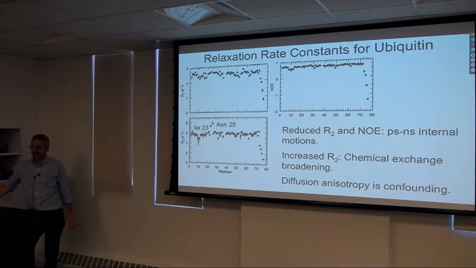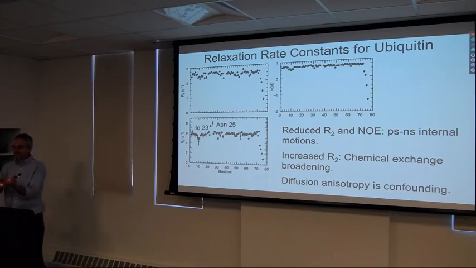And in the early days, there were papers published where people said, aha, in this protein, there's a helix that has some slow time scale motion relative to the beta sheet, but that turned out later just to be that in the helix, all the NH bond vectors point in one direction, and that direction happened to be along a special axis of the diffusion tensor.